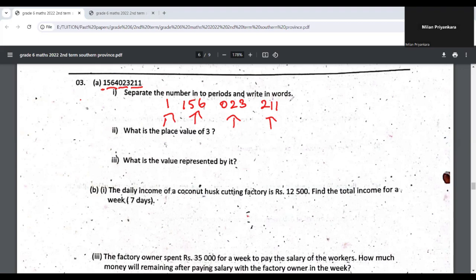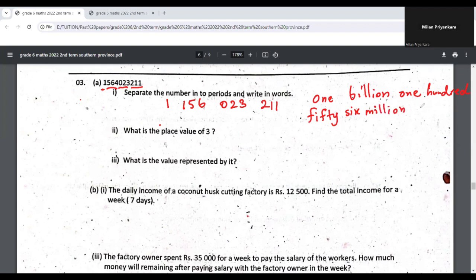So, separate the numbers into periods and write in words. So then you have to write this in words. So let's write this, right? So what is it? How many billions? You know that, 1 billion, right? 1 billion. How many millions? 156 million.